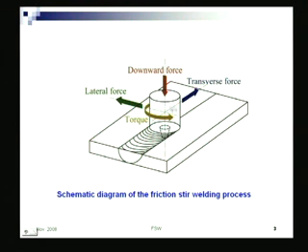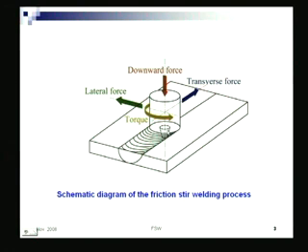At the same time, the tool material should have such mechanical properties that it can sustain higher levels of temperature. Sustaining higher levels of temperature means what? It means the strength of the material remains high even if the temperature is raised. Like here we can see the strength, what this curve means.